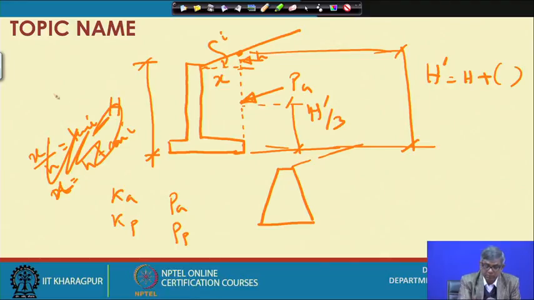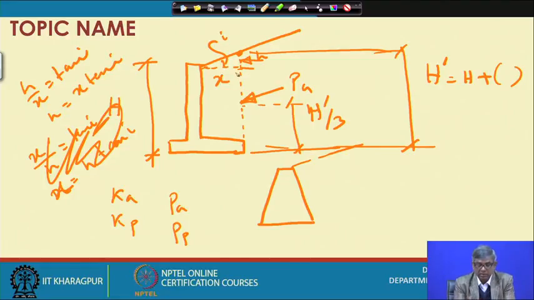Then h by x equals tan I, so I need to find h equal to x tan I. If I know this distance from this edge to this, then h dash will be h plus x tan I. So h dash will be modified, and based on that I can calculate Pa and Pp, and the point of application will be 1/3 height from this.